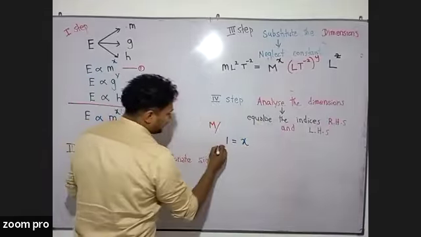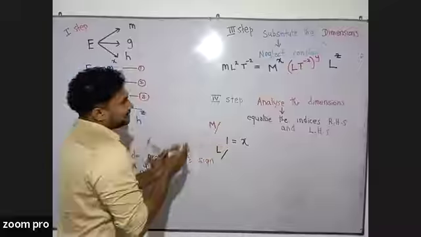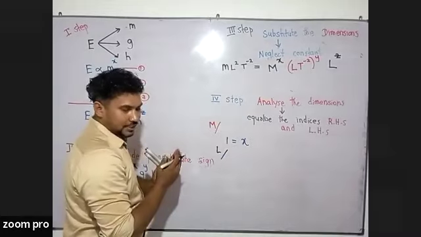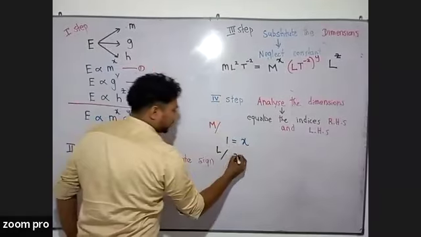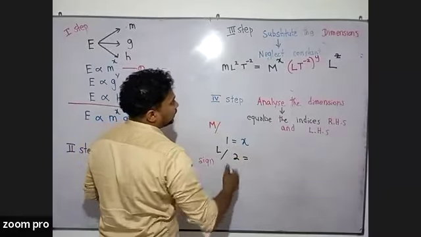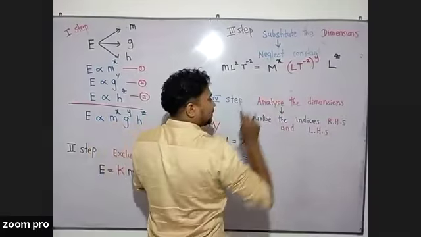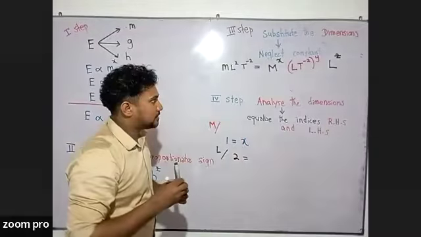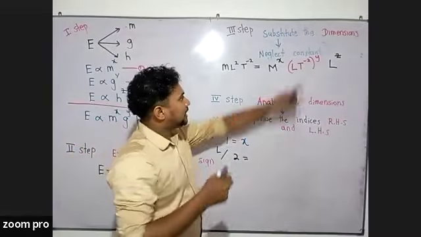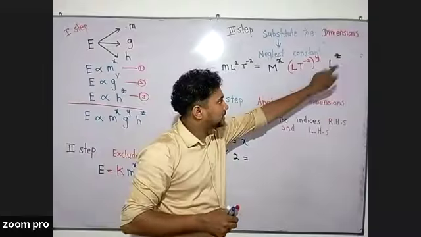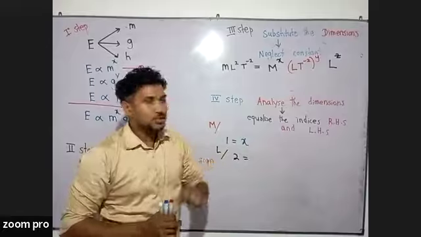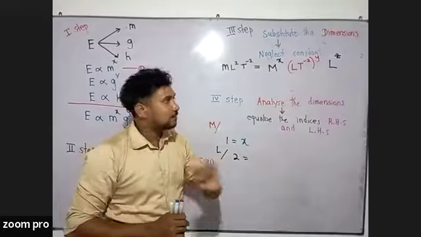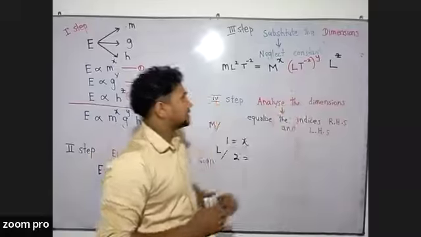The next step should be the L. On the left side, you can figure out that the index of L is 2. So 2 is equal to, on the right side, you can find L in two positions, isn't it? First one at this point, and the second one at this point. So you have to consider both powers of the two instances, right?